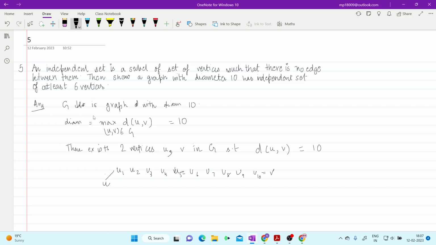So we have that this is the shortest path between u and v.